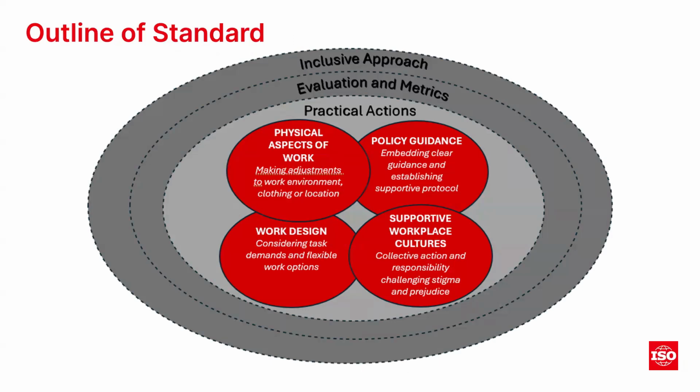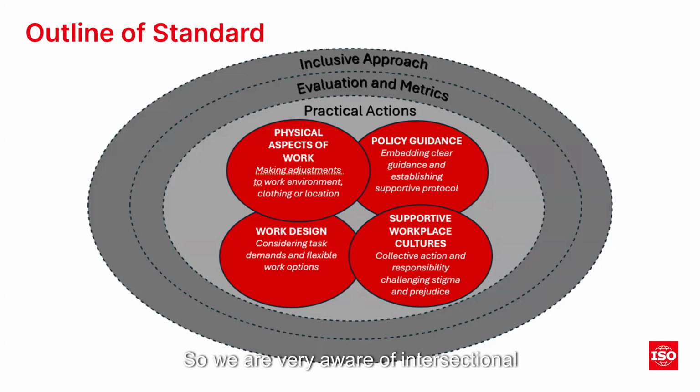So if we go to the next slide, if we have a quick look about what the current ISO standard is currently being developed and what it looks like. Now, what you can see is that it situates within this broad idea of an inclusive approach.